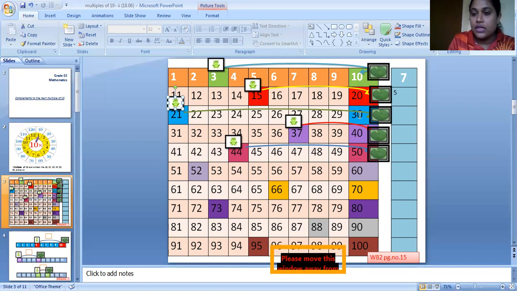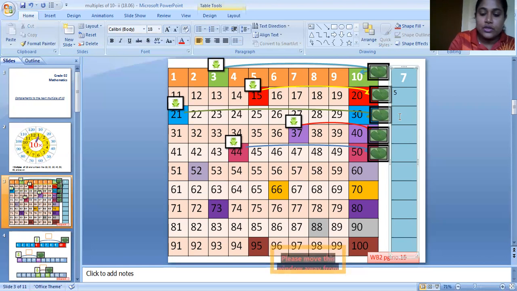So we should count how many times this frog has to jump to find the lily pad on number 30. Let's start. 1, 2, 3, 4, 5, 6, 7, 8, 9. This frog should jump 9 times. It has to hop 9 times to find the lily pad on number 30.